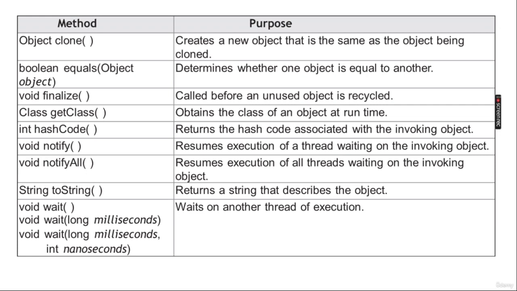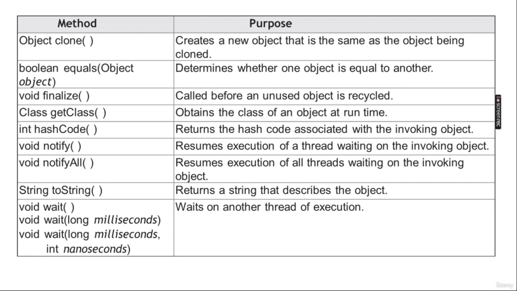Notify resumes execution of a thread waiting on the invoking object. When we see multi-threading, we will understand this method notify. Also notifyAll resumes execution of all threads waiting on the invoking object. String toString returns a string that describes the object. So the object description in string format will be returned from this method.